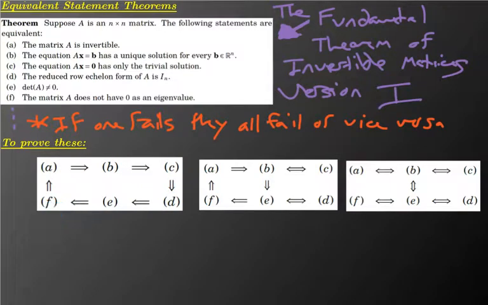You could start with A, assume A is true, and use A to prove B. Then assume B is true, and use that to prove C, C implies D, D implies E, E implies F. And the reason this is fine is because of this last part: F is going to imply A, which creates a cyclic argument, and so all of them are going to be equivalent.